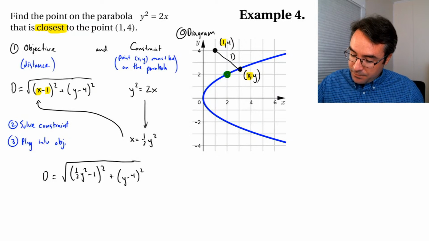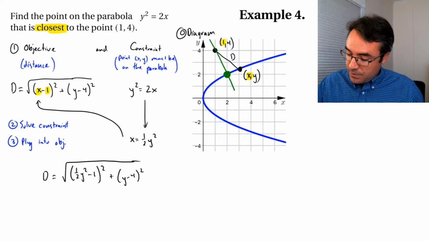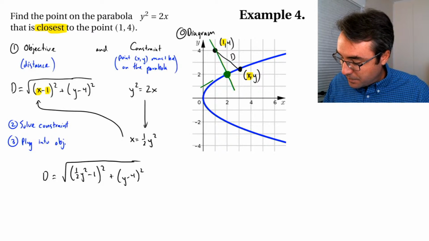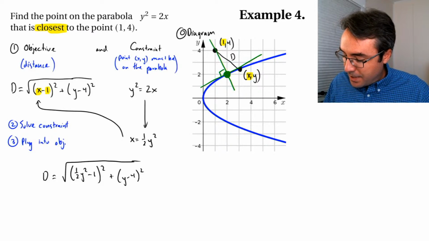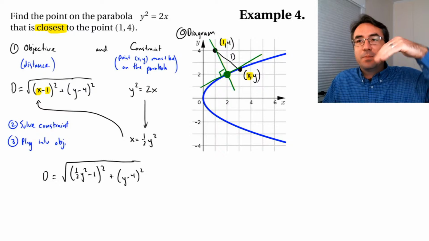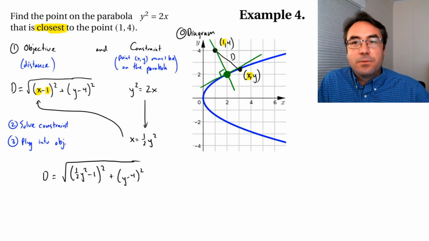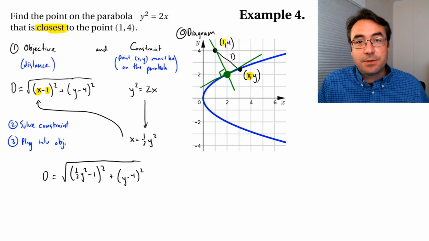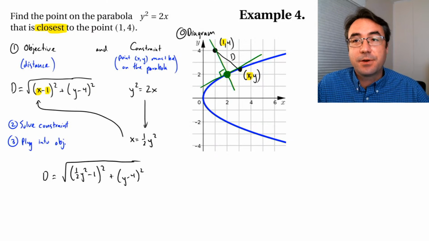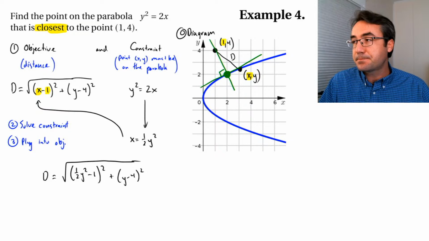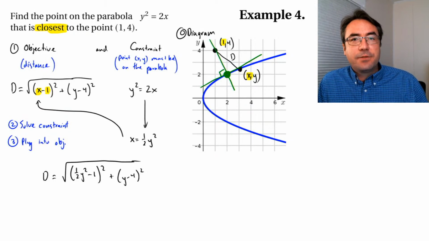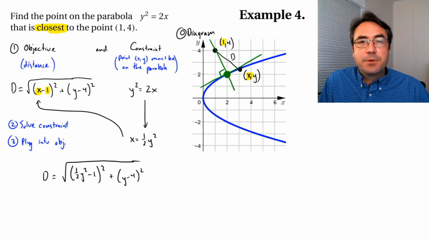So you maybe could have looked at, done some sort of right angle, this is a right angle here, and figured out the slope. But what we're doing here is more in the context of an optimization, using calculus to figure out instead of geometry. All right, so that'll be kind of the last example we do for optimization.